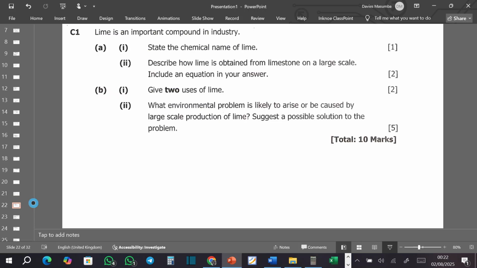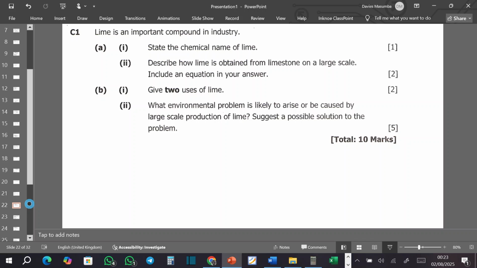Lime is an important compound in industry. Roman numeral one, state the chemical name of lime. Then Roman numeral two, describe how lime is obtained from limestone on a large scale.